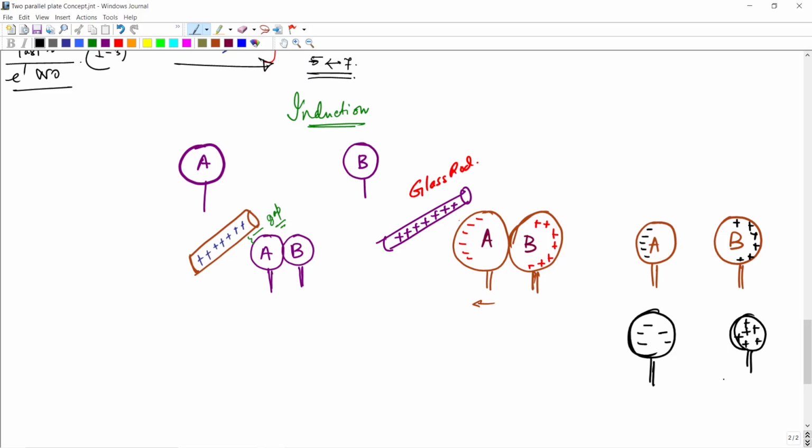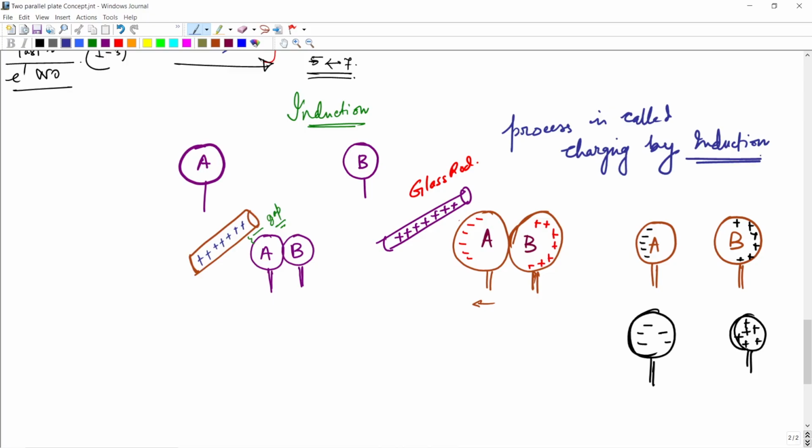And this process is called charging by induction. Charging by induction. Clear? What is induction?